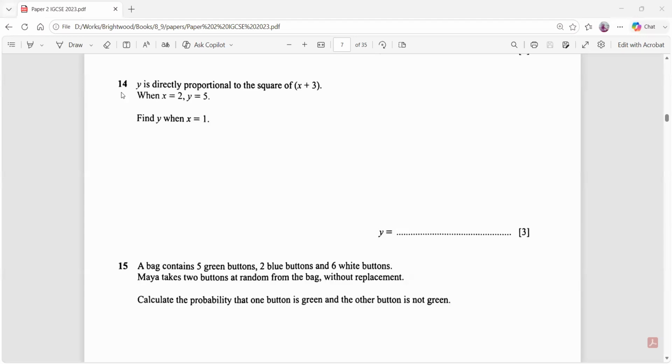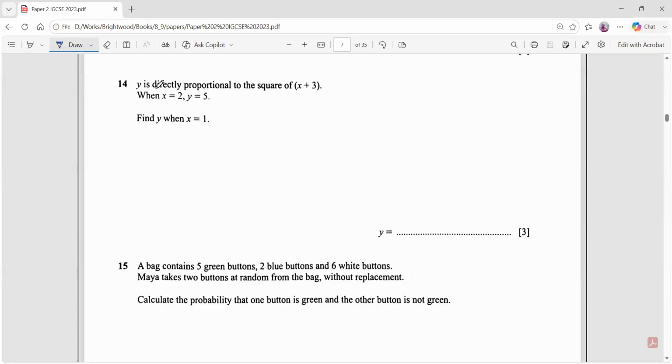Here it is given that y is directly proportional to x plus 3. Directly proportional means some number multiplied by x plus 3 should be equal to y. When y equals 5 it should hold on the other side also; when y equals 6, like that, they can take any value.